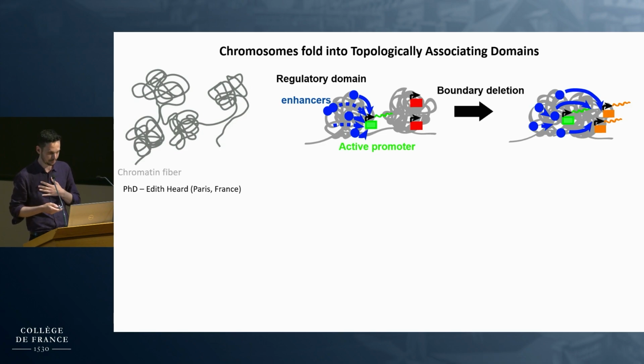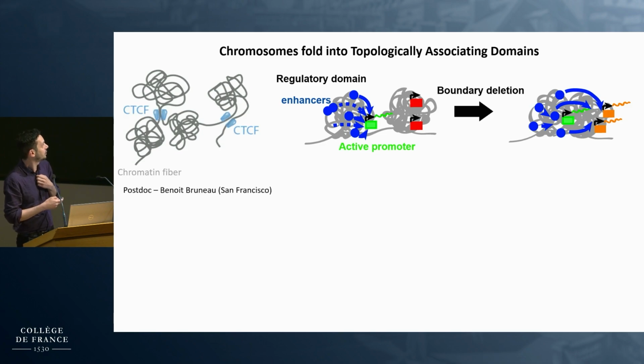Then I moved for my postdoc and got really interested in what actually lies at the boundary to drive this organization. Long story short, we and many others realized that there's a transcription factor called CTCF that binds at the boundary of the TADs. If you remove CTCF, and we were early adopters of this degron technology that I think we heard in virtually every talk this morning, the TADs fuse, as if you had deleted the boundaries.